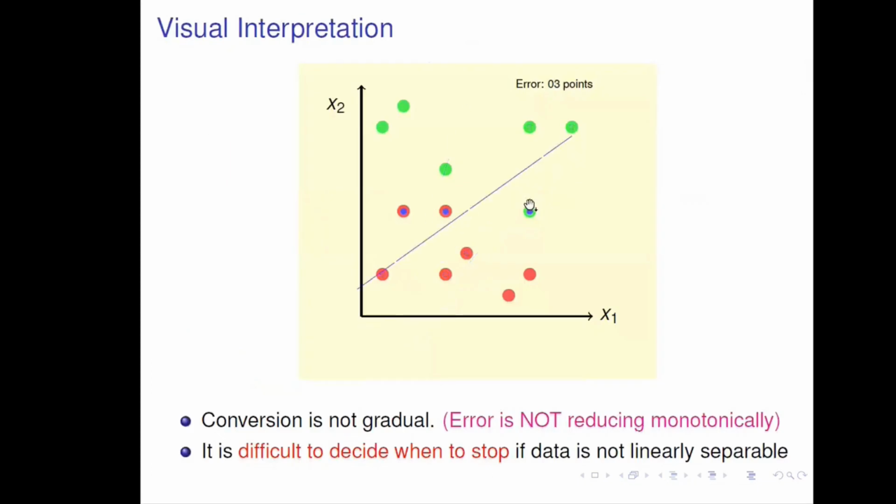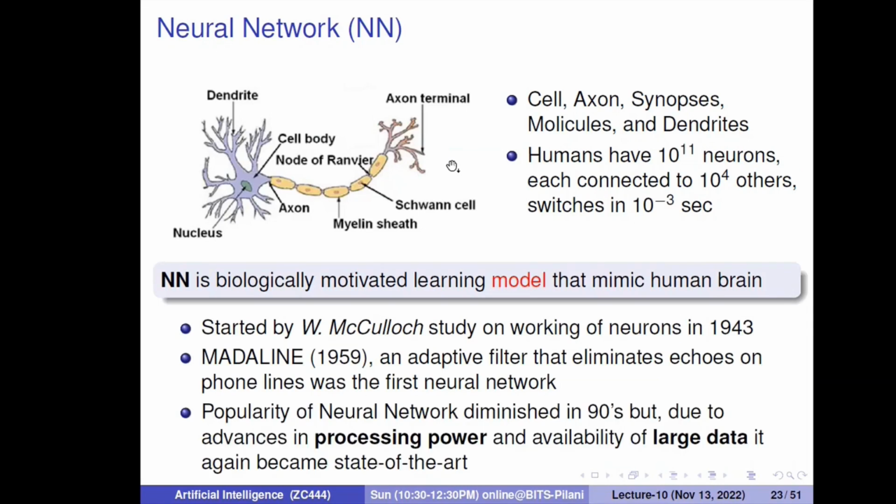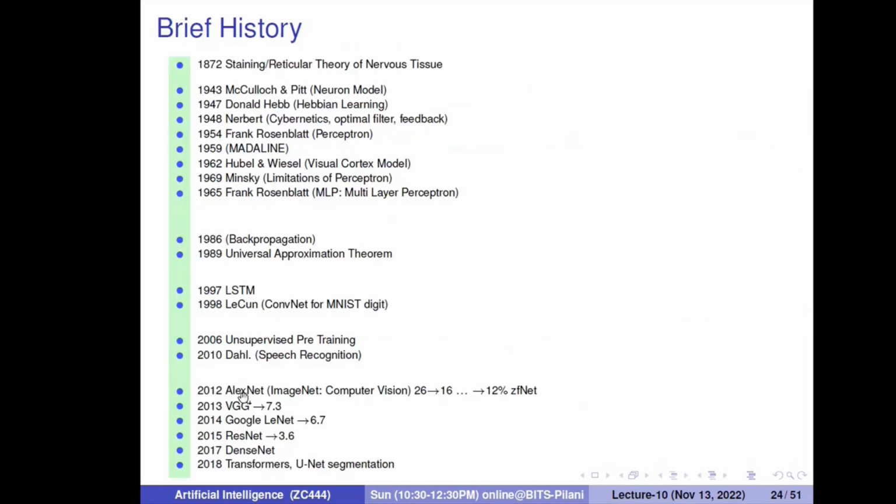The neural network architecture, you know, is inspired by the human cell, and this has a huge history. People have been trying to understand how the brain works since 1872, and the first experiment was done by McCulloch and Pitts. They gave a model of the neuron, how it works and how the learning happens, and a lot of things happened in this area.